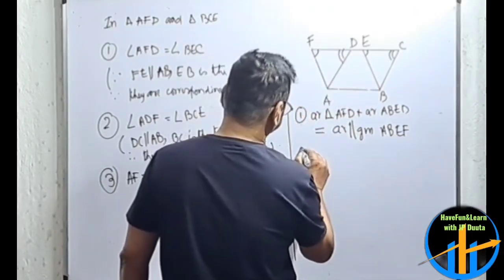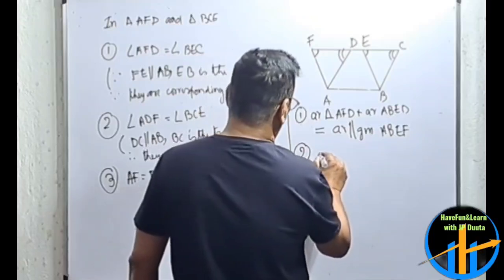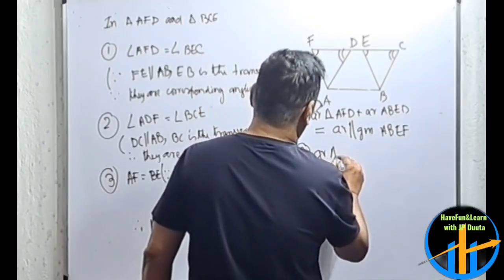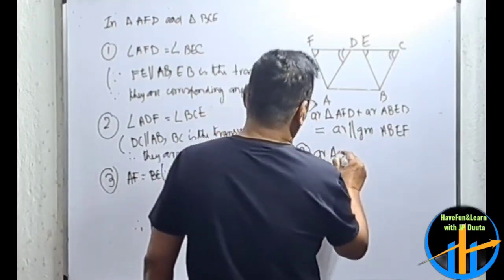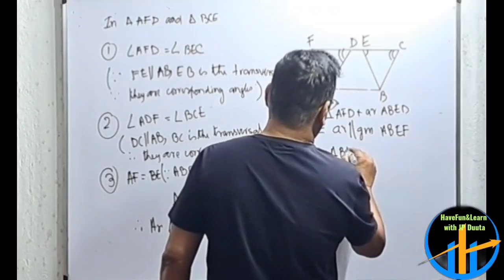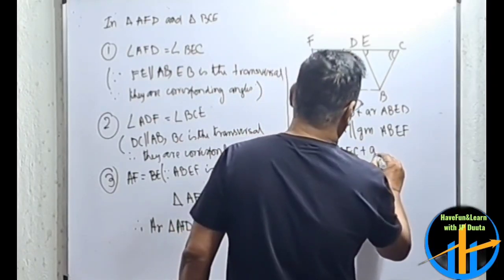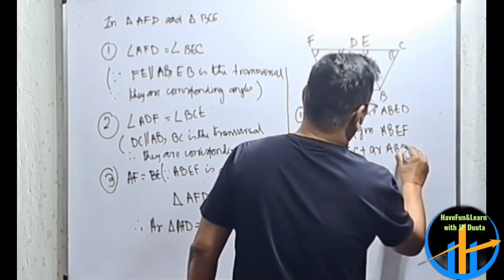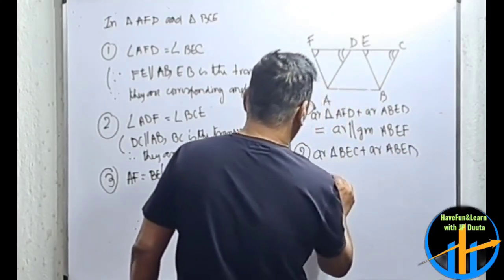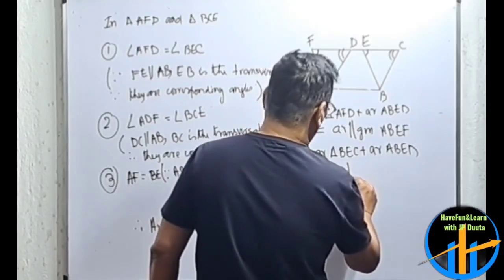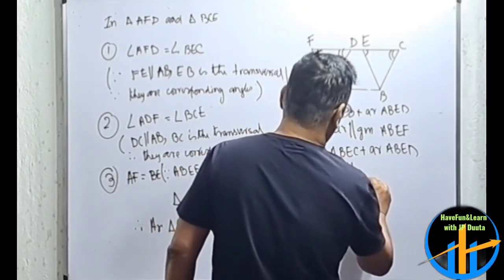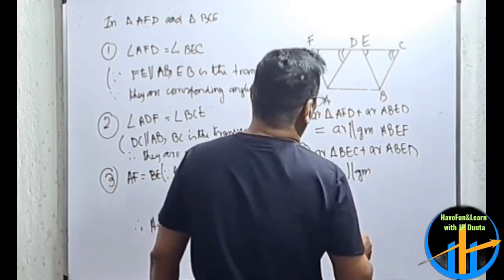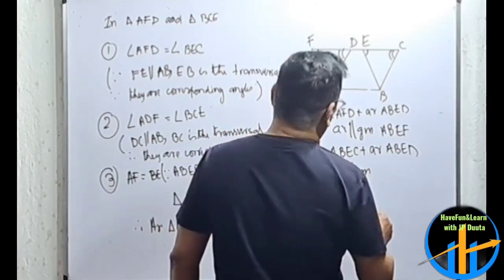Right? Number 2, area triangle BEC plus area ABED is equal to area of parallelogram ABCD.